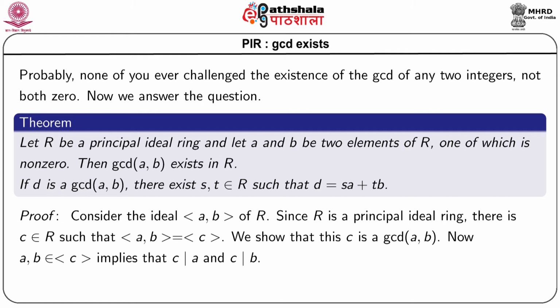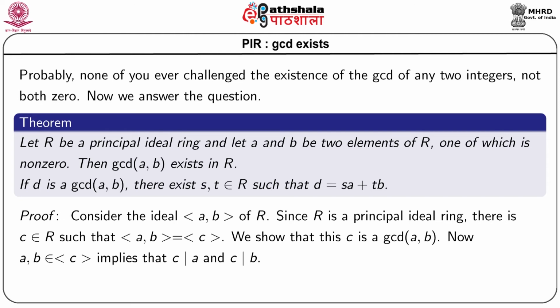Here we show that in a principal ideal ring R, any 2 non-zero elements A, B always have a GCD, and if D is a GCD of A, B, then there exist 2 elements S, T in R such that D can be expressed as SA plus TB.